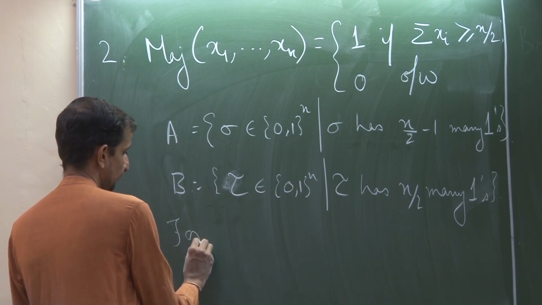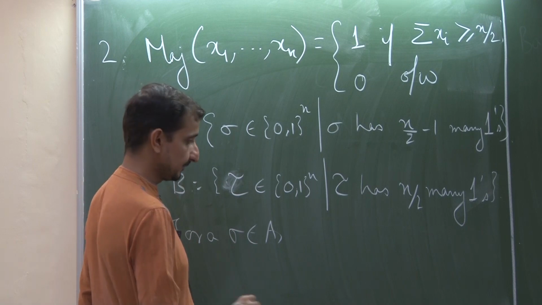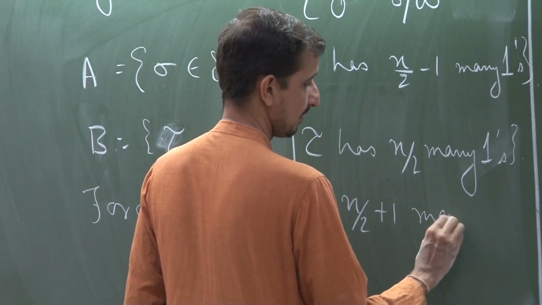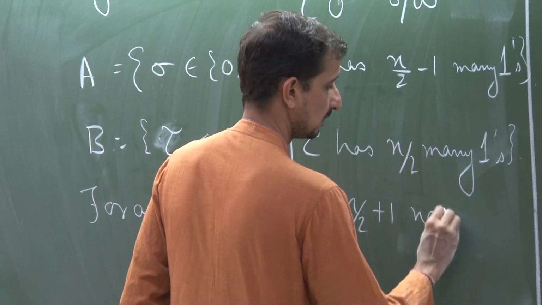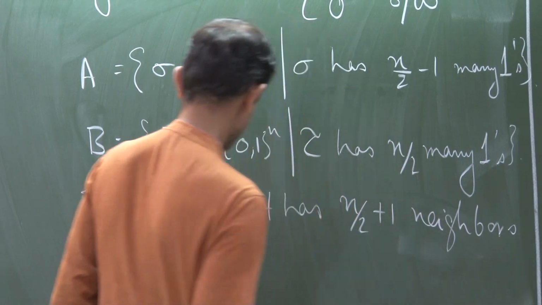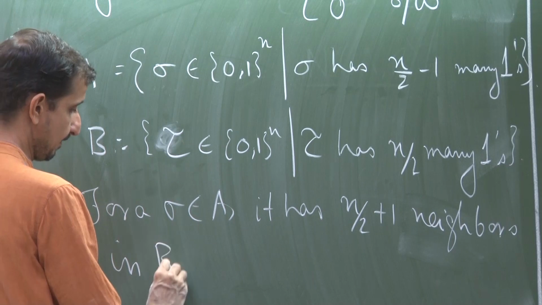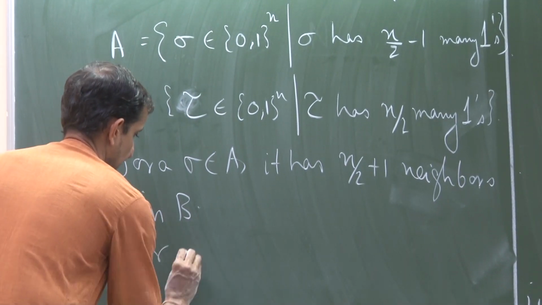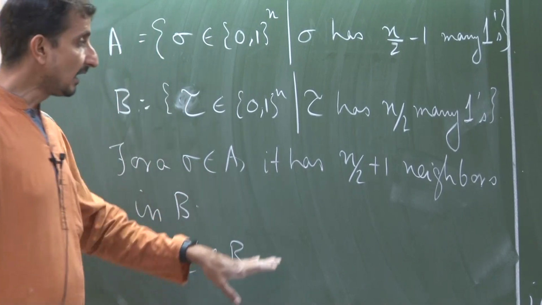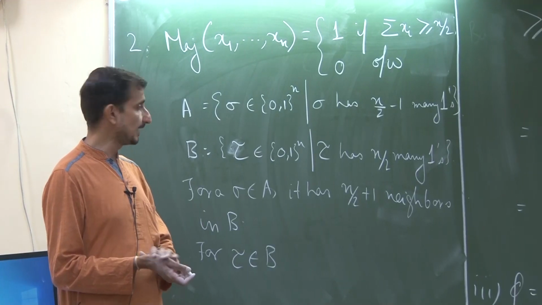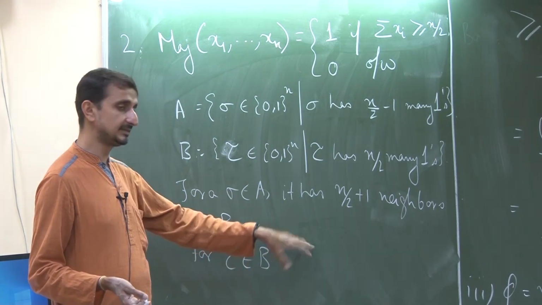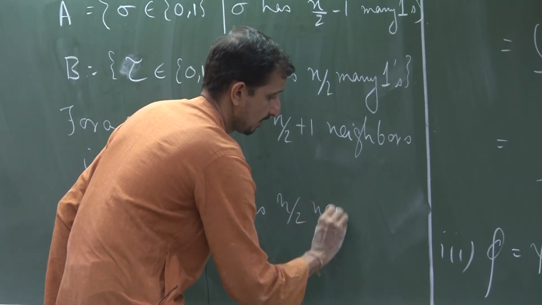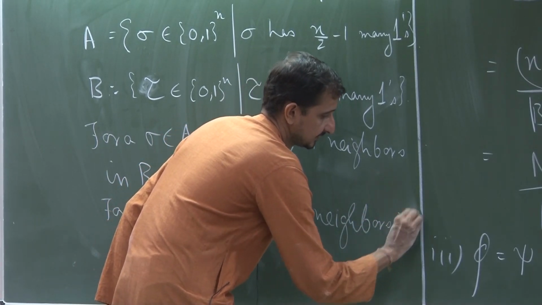So, for a sigma belonging to A, it has n by 2 plus 1 neighbors in B. And for tau belonging to B, how many neighbors does it have in A? n by 2, because any of the ones I can make into a 0 and it would go to A. It has n by 2 neighbors in A.